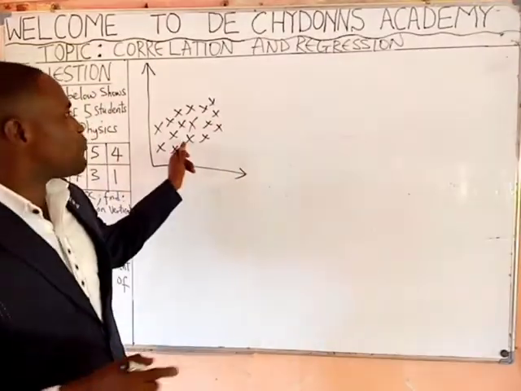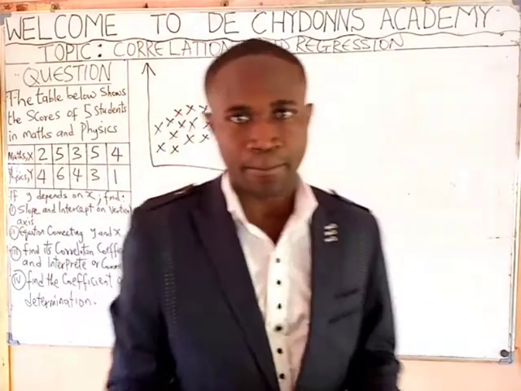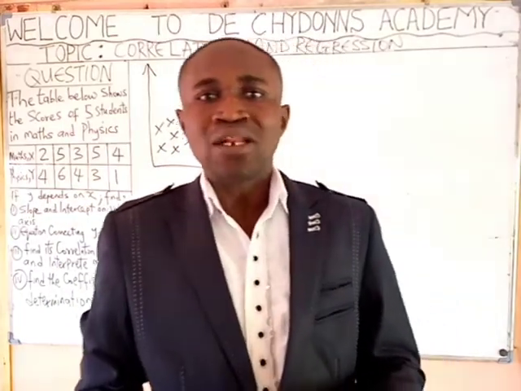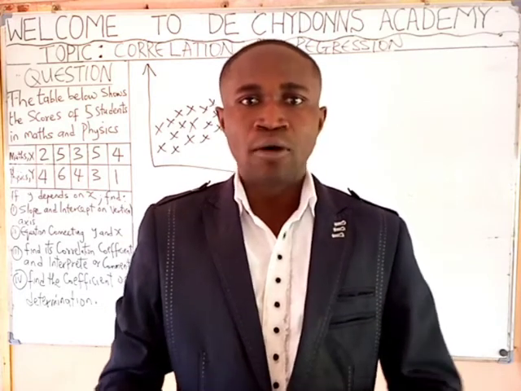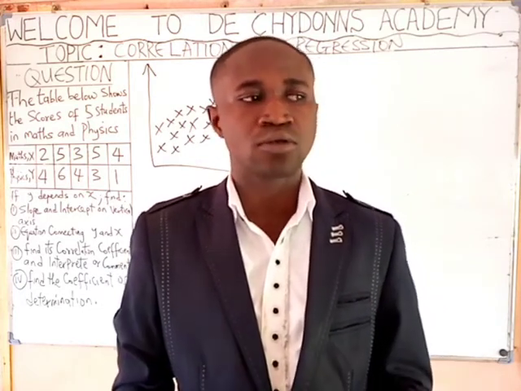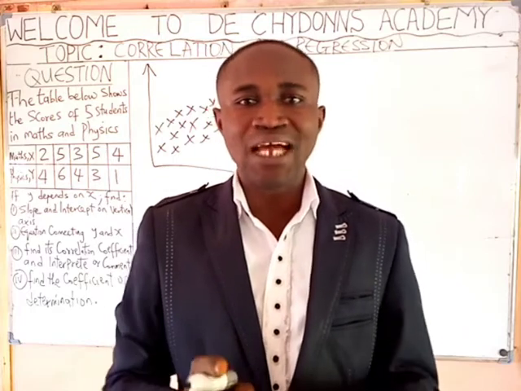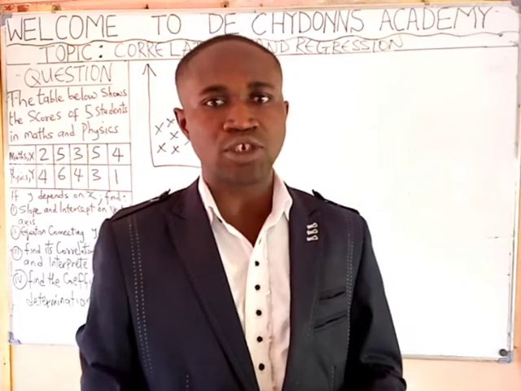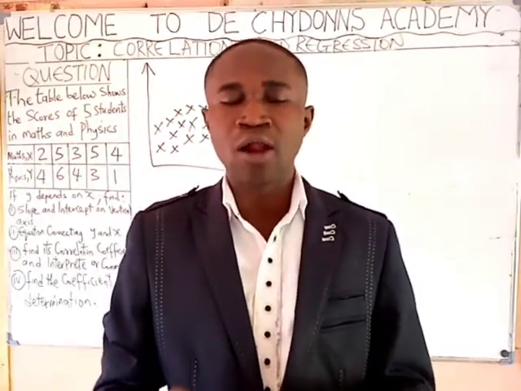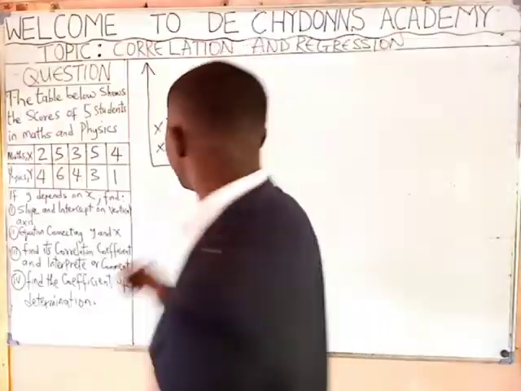So you can see that the points are in a scattered form. Now, there are different types of correlation. 1, positive correlation. 2, negative correlation. 3, zero correlation. And 4, nonlinear correlation. Let's see how they look.